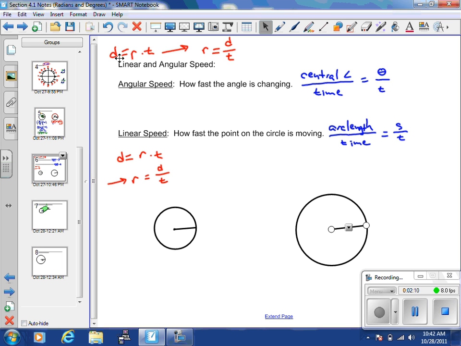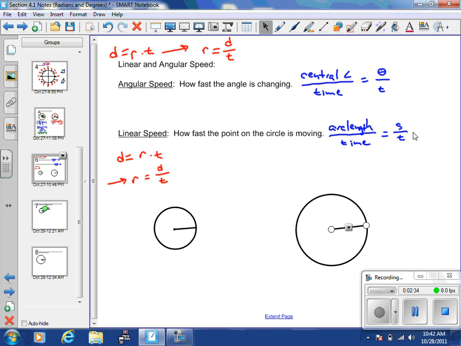Well, the way I like to think about this, we know that distance equals rate times time. If I take this simple relationship and I solve for the speed, or the rate, I have speed or rate equals distance divided by time. So that makes perfect sense down here with the linear speed. Now, all I got to think about then is how far is the point moving? In other words, what's its arc length?